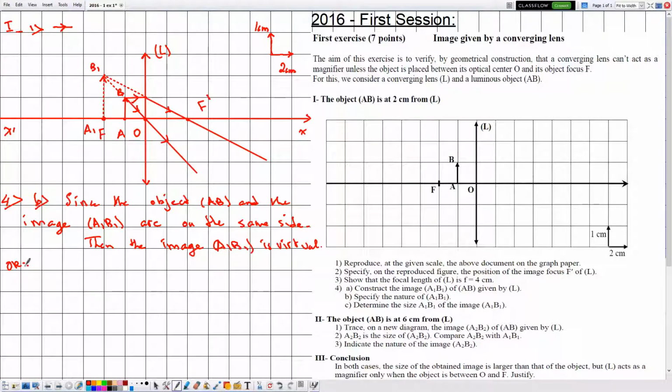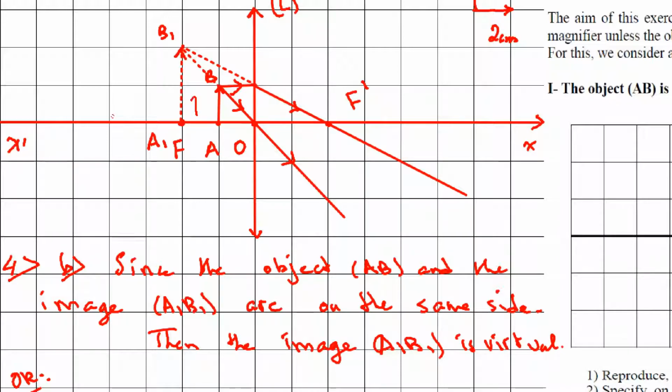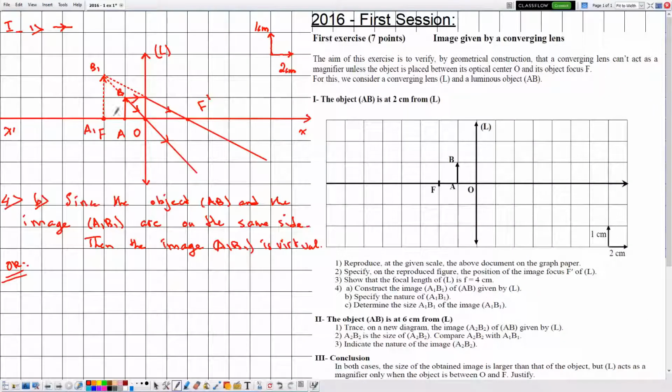One can answer this question in another way. Notice that here the object AB is pointing upward and the image A1, B1 is pointing upward, which means that the object and the image are in the same direction, which means that the image is erect with respect to the object. And whenever the image is erect with respect to the object, then the image is virtual.